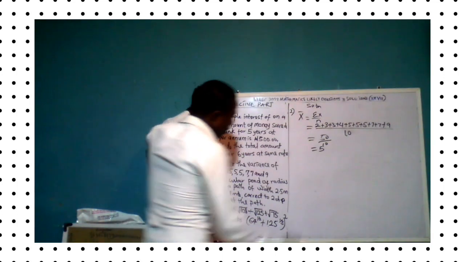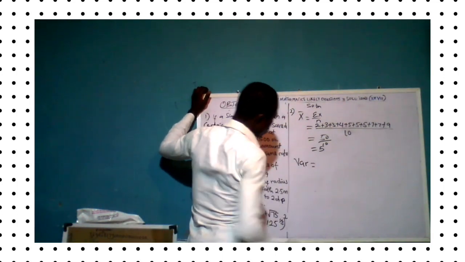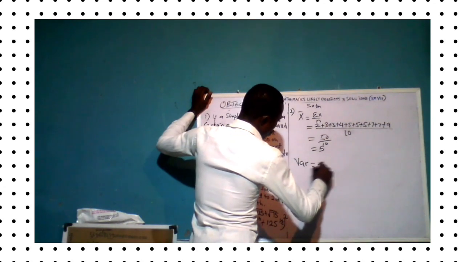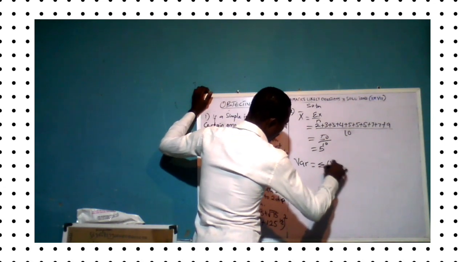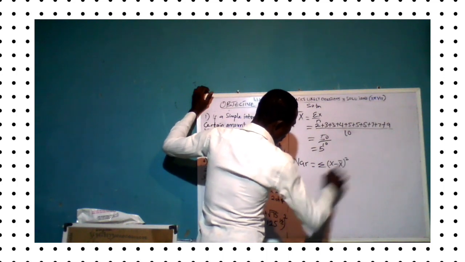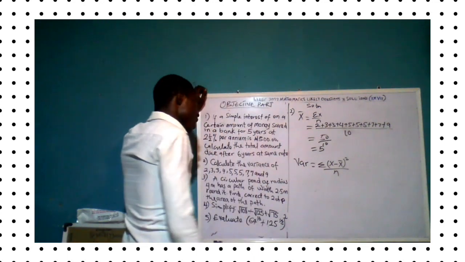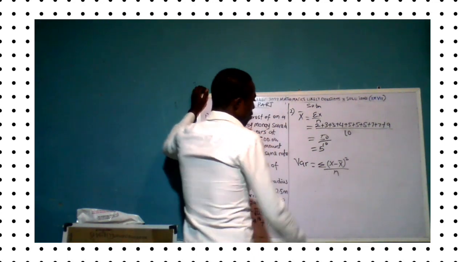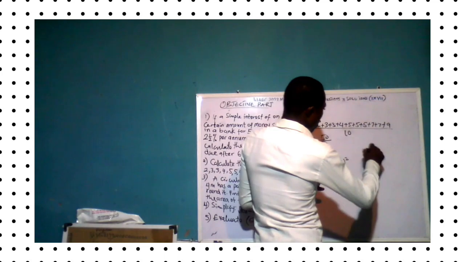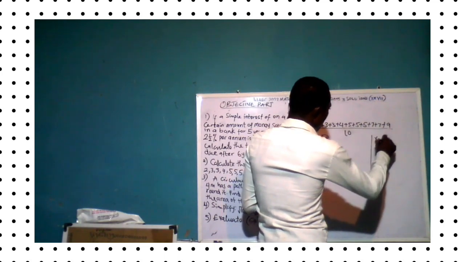And variance, which is denoted as var, equals summation of (x minus x bar) squared, all over n. And how do you get x minus x bar?